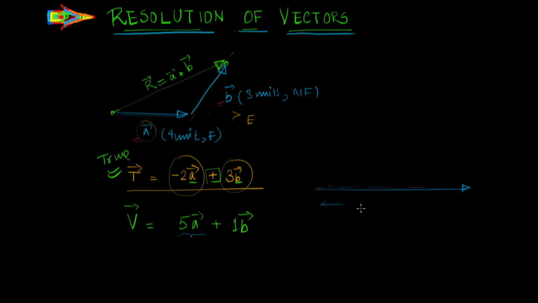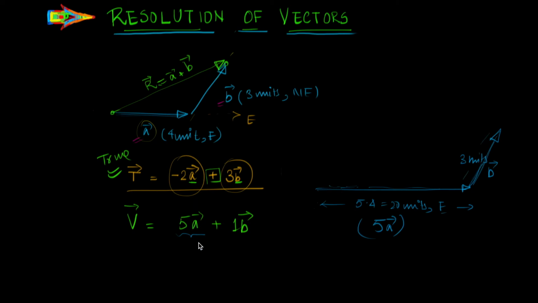This length here would be 5 times 4, or 20 units in the east direction, and this would be 5 times A. For B, we do the same thing, but we just multiply by 1. So it would be the same length as our original B vector, 3 units.